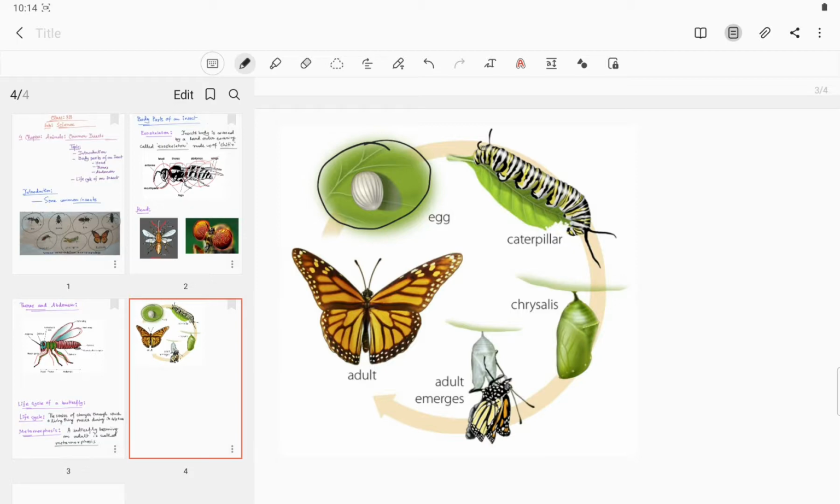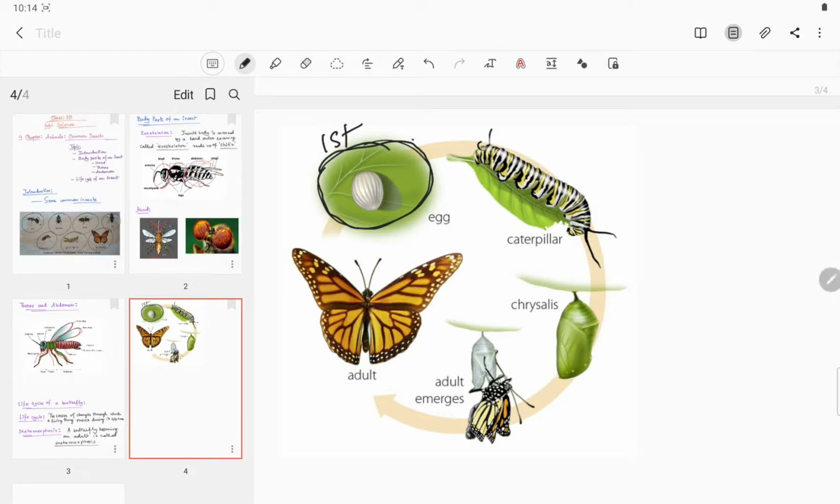This is where a female butterfly lays eggs. She lays the eggs on a leaf. You can check this in this picture.